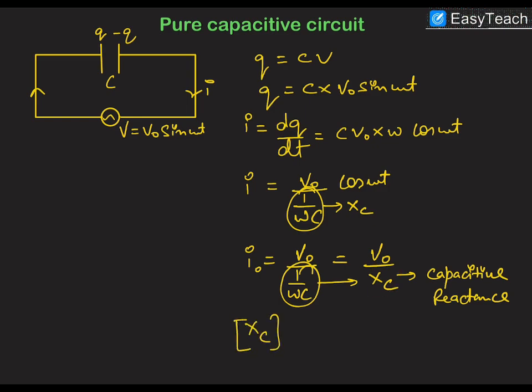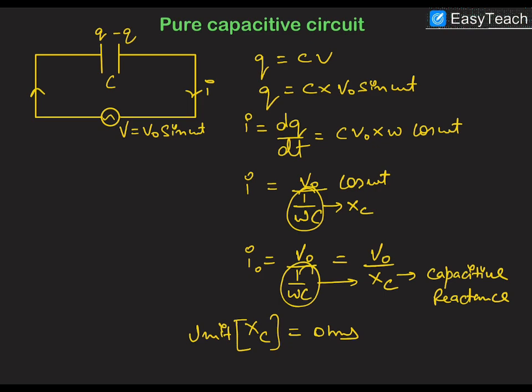So the unit of Xc will be ohms, and its dimensions will also equal resistance dimensions. Xc, the capacitive reactance, is the resistance offered by capacitance to alternating current.